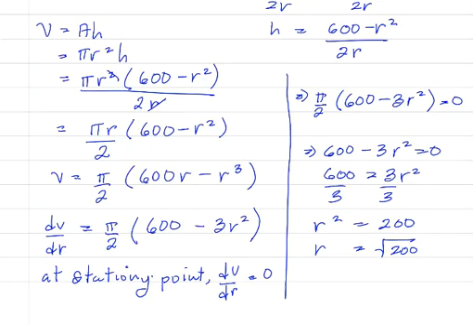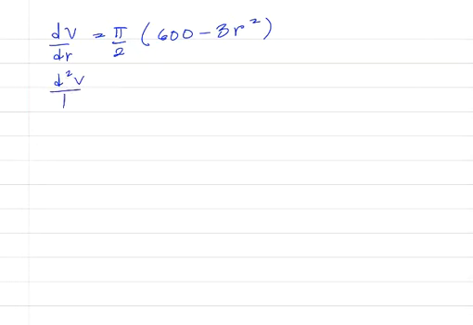Now d2V by dr squared is equal to pi over 2 times, inside the bracket, minus 6r.